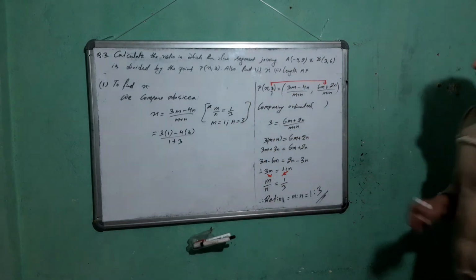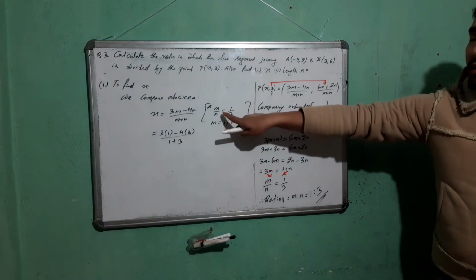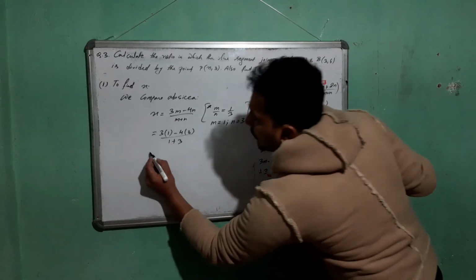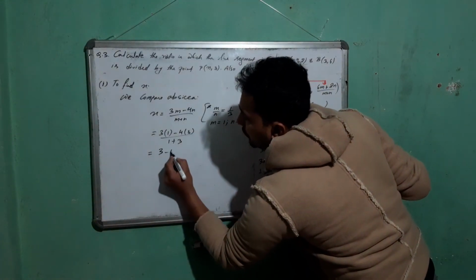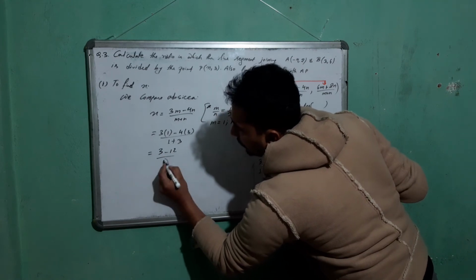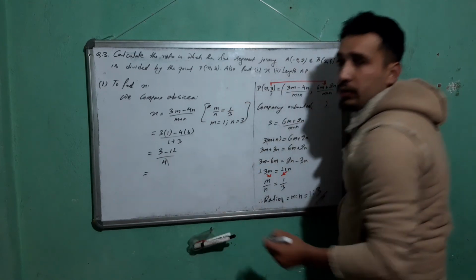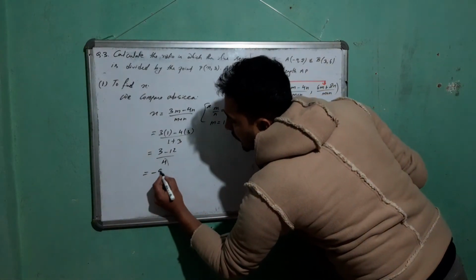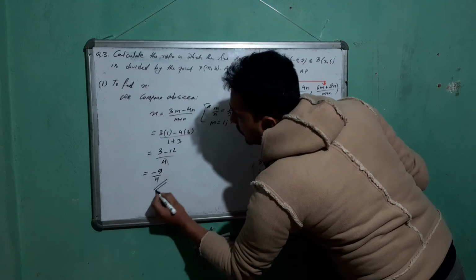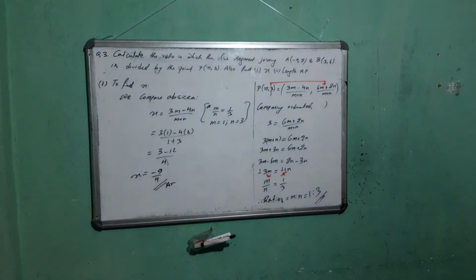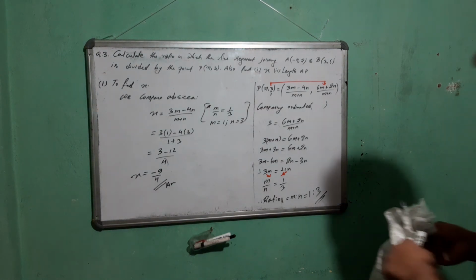So 3 into 1 is 3, minus 4 3s are 12, divided by 1 plus 3 is 4. 3 minus 12 will be minus 9, divided by 4. This is the answer. The value of x is minus 9 by 4.